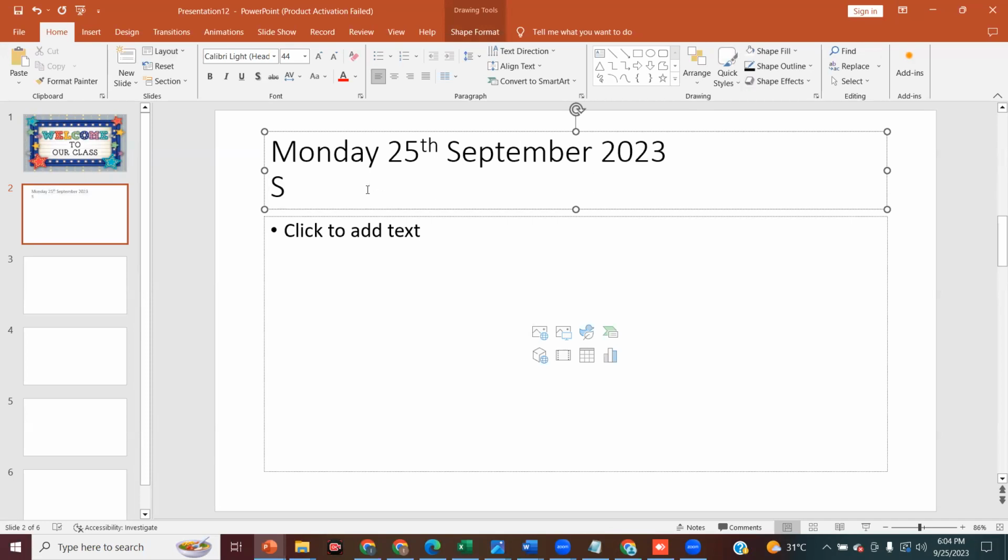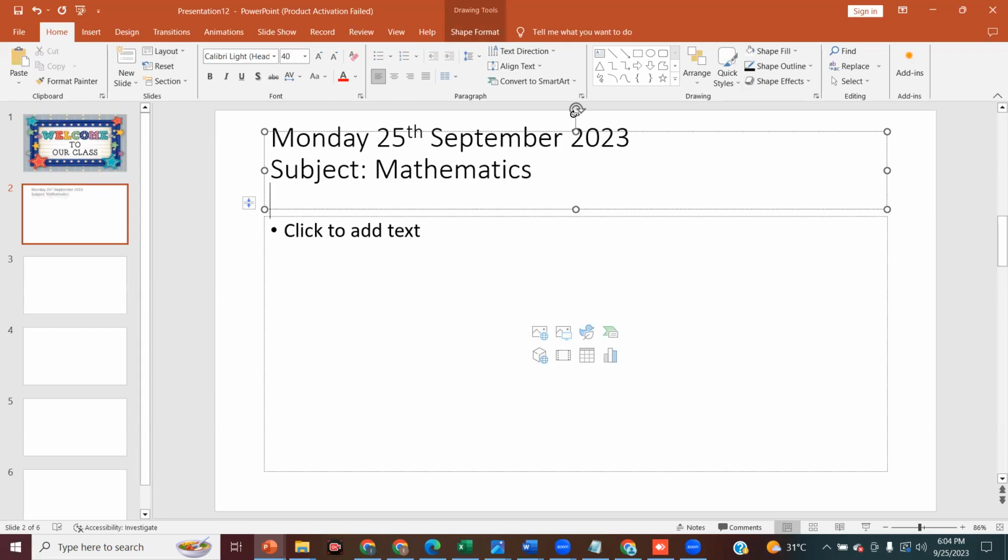The subject is, of course, mathematics. And today, in the time that we have, we're going to be looking at the topic of set diagrams.